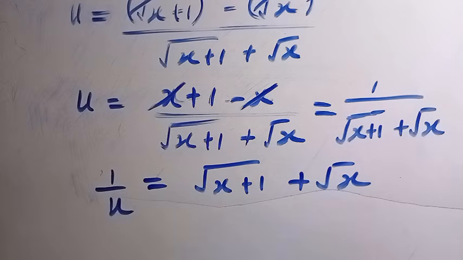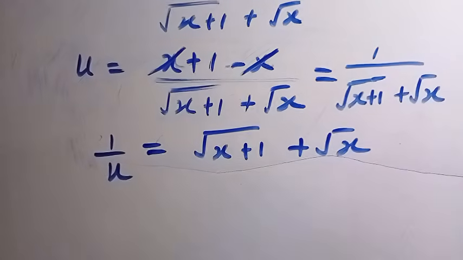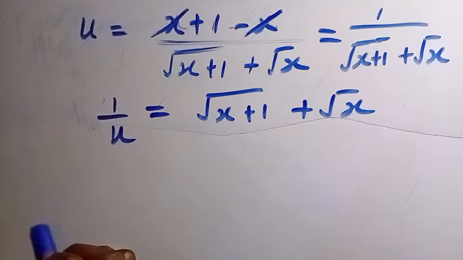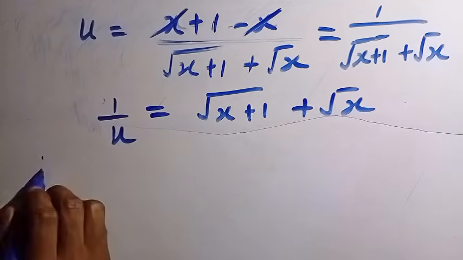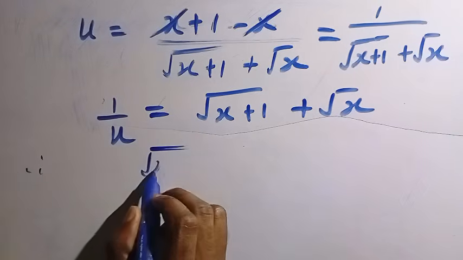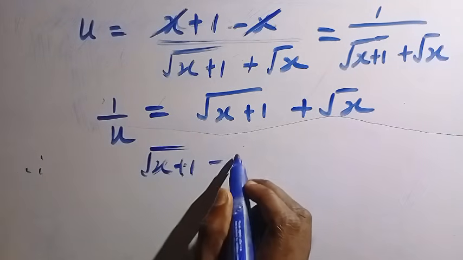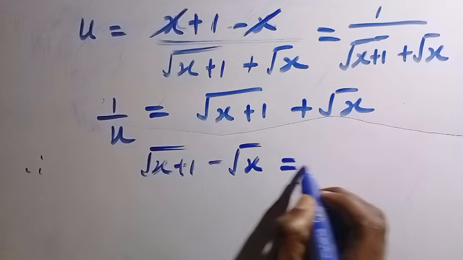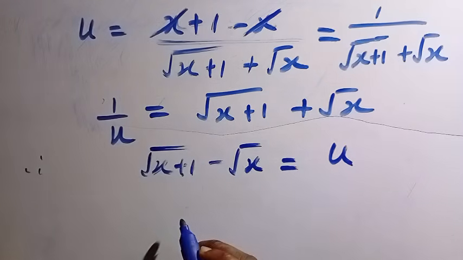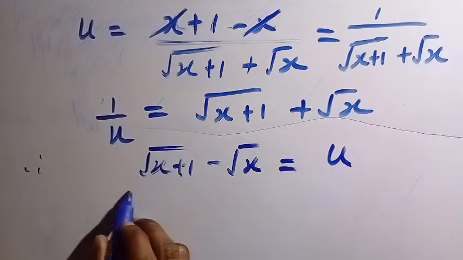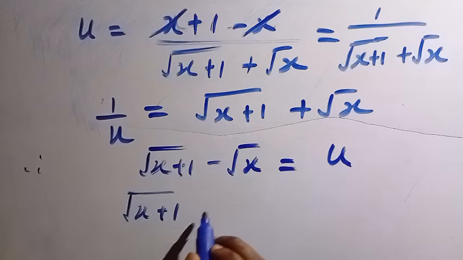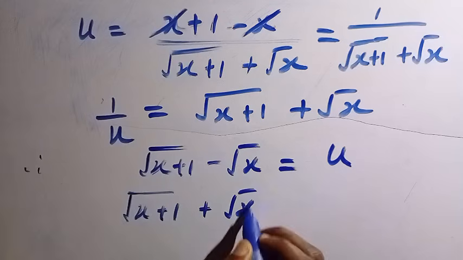From square root of x plus 1 minus square root of x, we know that this equals u. And we have another new equation, which is square root of x plus 1 plus square root of x.